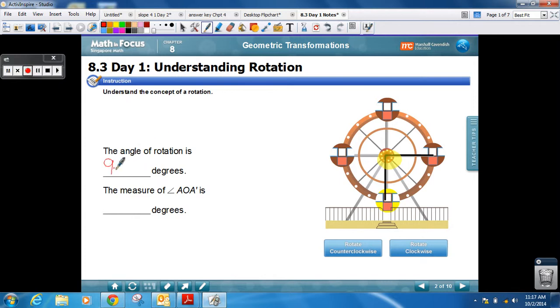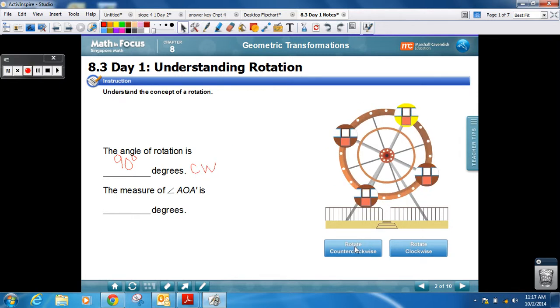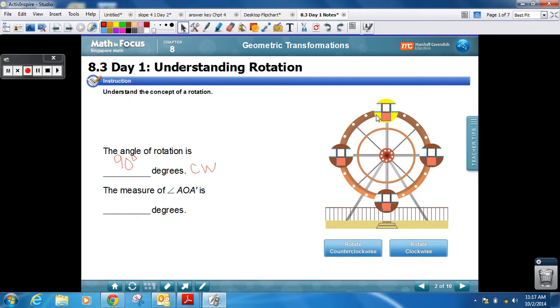So the angle of rotation was 90 degrees, and you always have to put clockwise or counterclockwise. This was for clockwise. So if I reset that, again we said it was 90 degrees clockwise. Because if I do counterclockwise, then it moves it in the other direction.